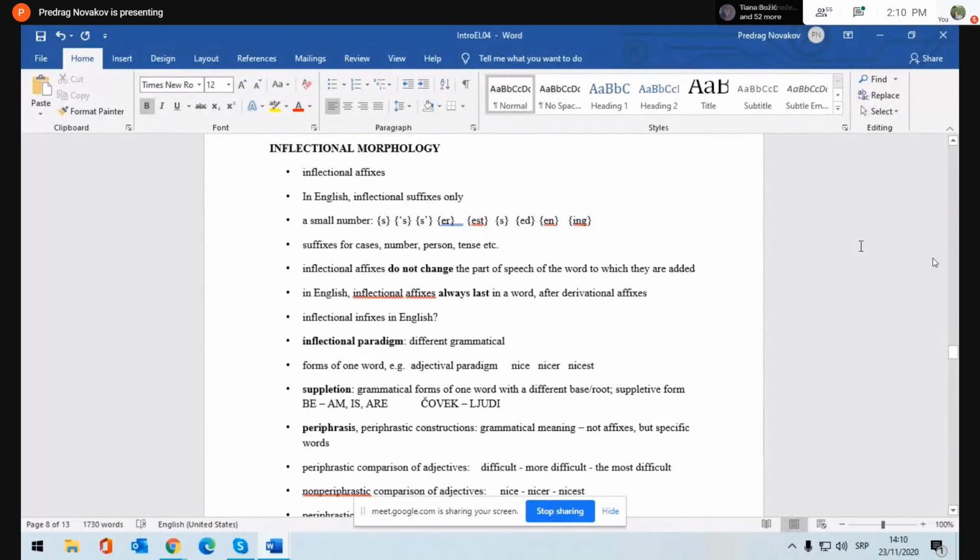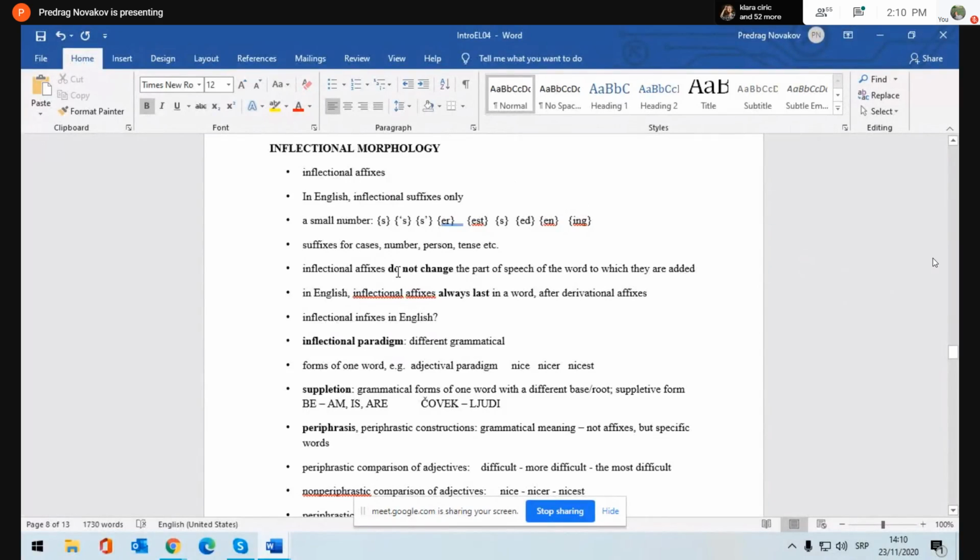We have just a few of them. They denote cases like plural or genitive, number like plural, person, third person singular with S, tenses, ED, and so on. So we have quite a small number of inflectional suffixes.